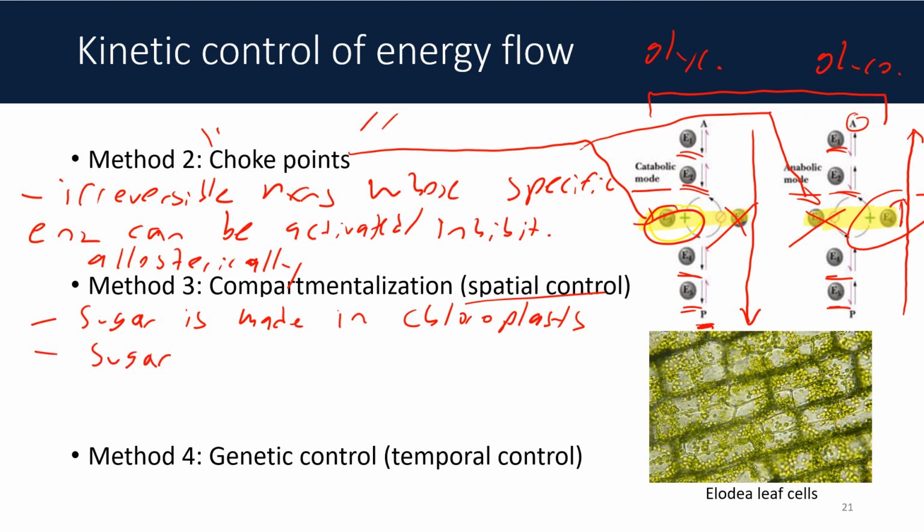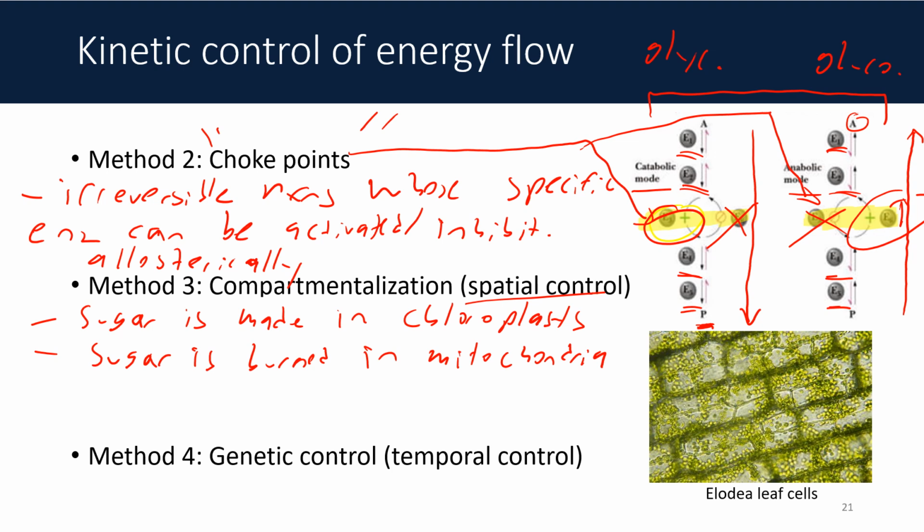In a totally different organelle. Technically the cytosol is where it begins, but it ends up in the mitochondria. Both are different than the chloroplast. This is a way that we can ensure both will happen simultaneously, but not together in a futile loop.